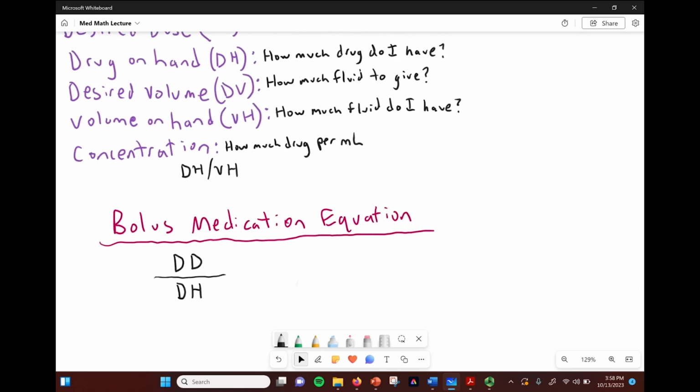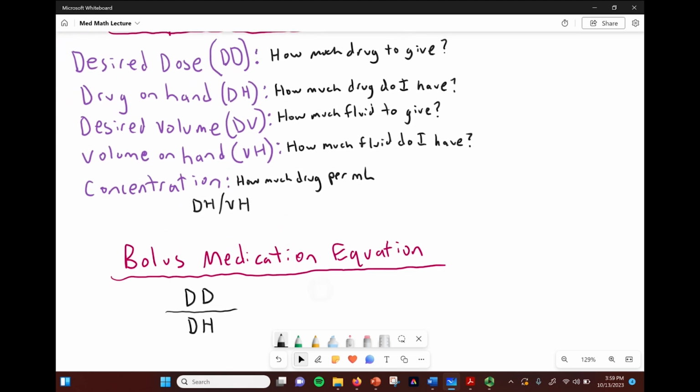I'm going to do this so you have the actual definitions to look at. So again, desired dose, over drug on hand, and then I simply times that by my volume on hand, and that's going to equal the desired volume. Because 90% of the time, 99% of the time, I know how much drug I'm trying to give. The question is how much volume is that desired dose.